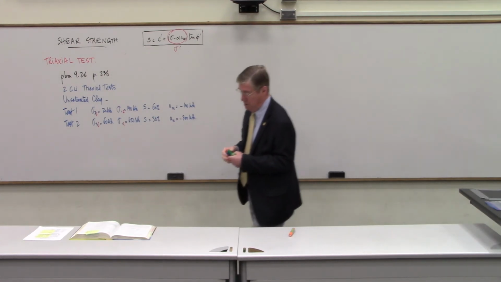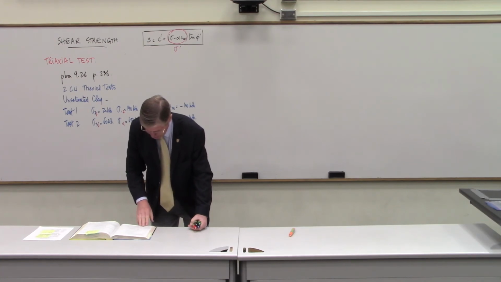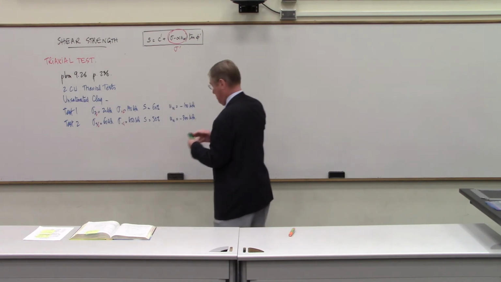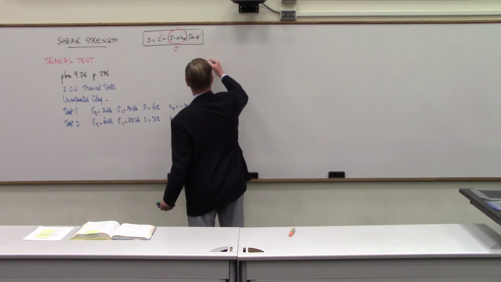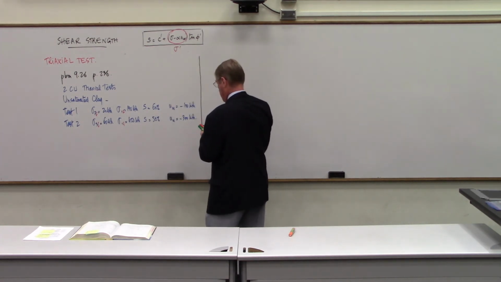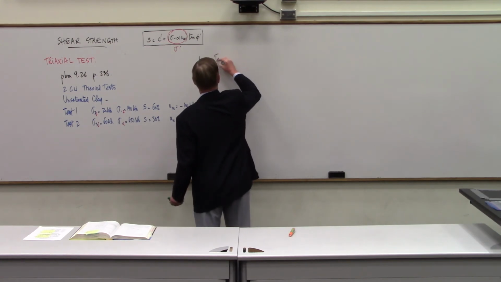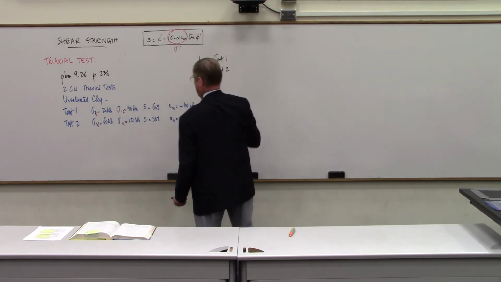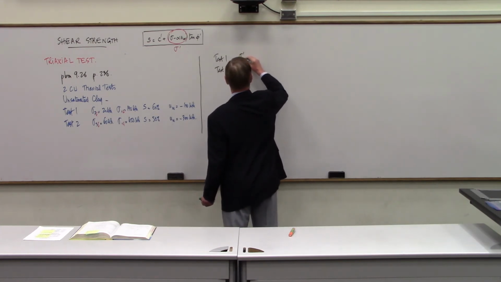So the question is, calculate sigma prime 3 and sigma prime 1 at failure. So first question. We need to calculate for test 1 and test 2 sigma prime 3.